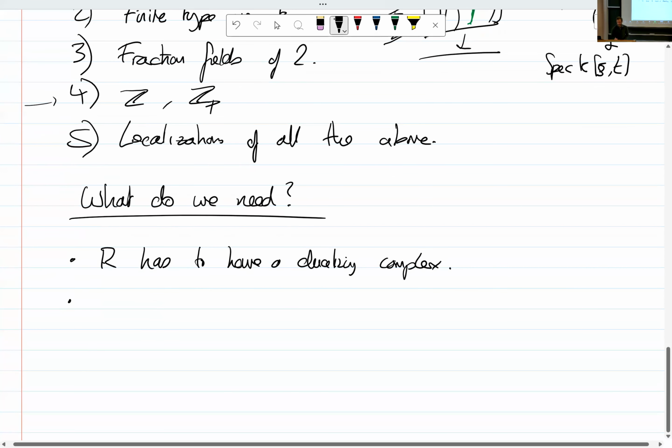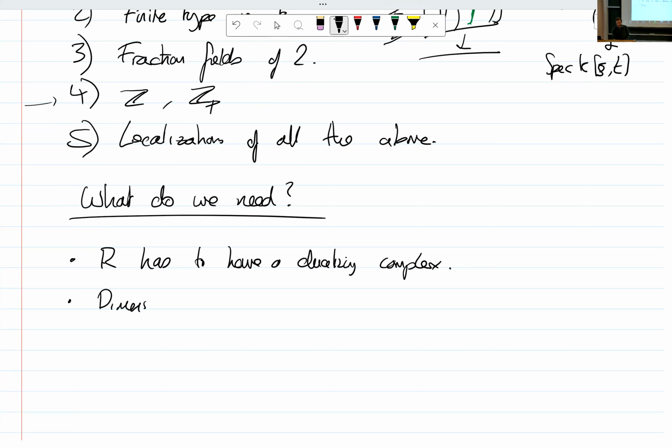Okay, but then, well, to talk about things like, well, whether or not we are codimension 1, etc., dimension needs to be sensible. So dimension should be sensible. So you want Noetherian or universally catenary to say dimension is sensible.